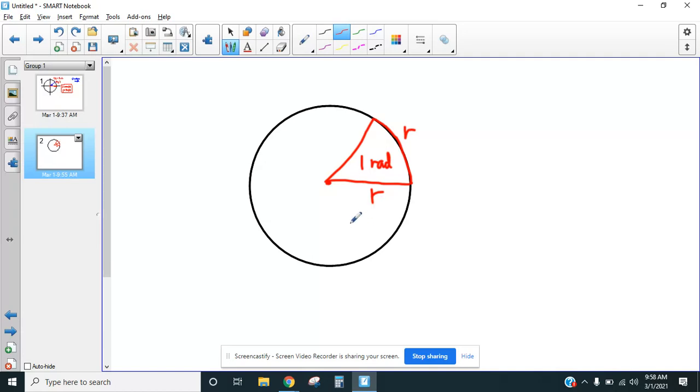You could do that. For example, let's say the radius of this circle was 100 feet. Do you think you could estimate by walking on a track what 100 feet was? Yeah, you could do that. And so that's what a radian is. It's a distance around the circle that's equal to 1 radius.